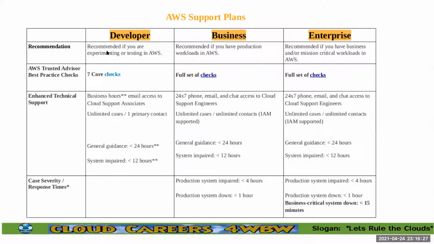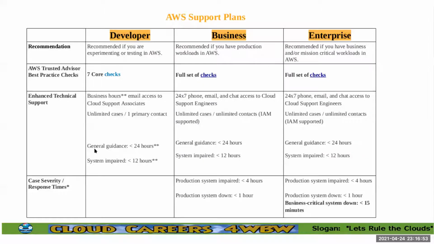So you read across. Then you have to know each of these. So AWS Trusted Advisor, we'll come to that later. There are different checks that you can have when you are using AWS Trusted Advisor. And always remember that the things that are available to the developer are automatically inherited by the business, and the things that are available to the business are automatically inherited by the enterprise.